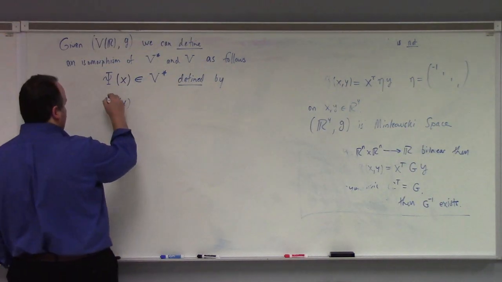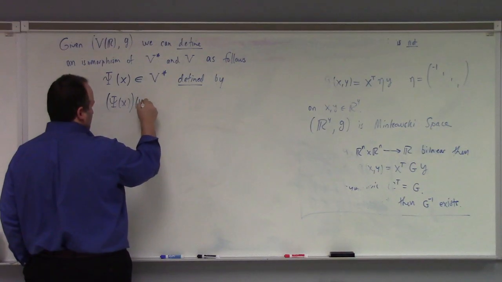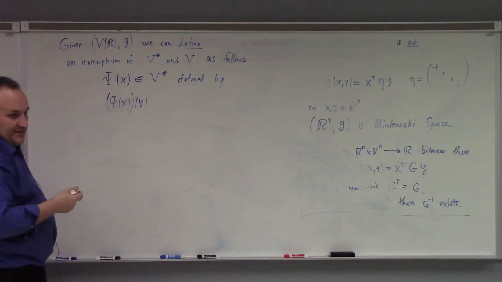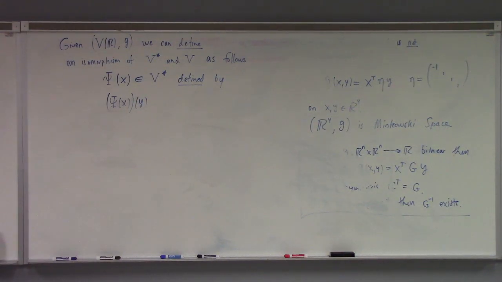You want to say what happens when it takes in a value, so let's call the value y, right? So I need to define the corresponding dual vector to x, I need a linear transformation on V, right? So how do you take what's on the board and create an expression which is linear in both x and y?